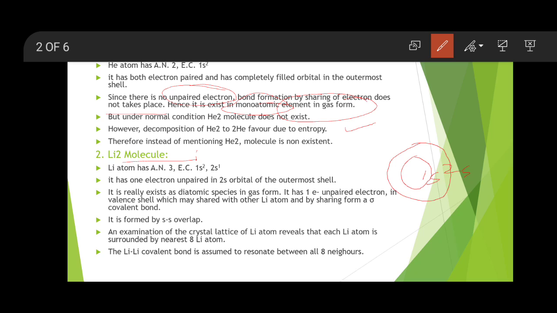Now here there are 3 electrons. Out of 3 electrons, 2 electrons will be filled in the 1s2 orbital, because its capacity to accommodate electrons is only 2, and in the second shell you can fill 1 electron. Now the first shell is completely filled, but the second shell is half filled.